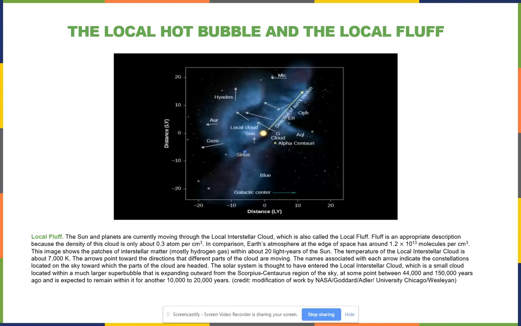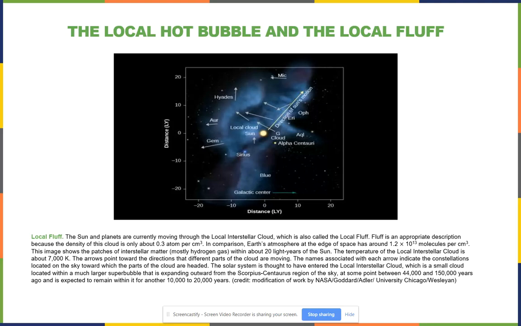This local hot bubble is a region probably created by a supernova in the past that has high energy that has made it so we're in a region of lower than average density of atoms. In fact, this local hot bubble has a density that's about 1/100th of an atom per centimeter cubed, 1/100th of the average for the interstellar medium.